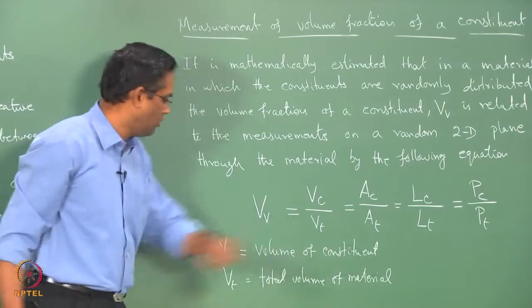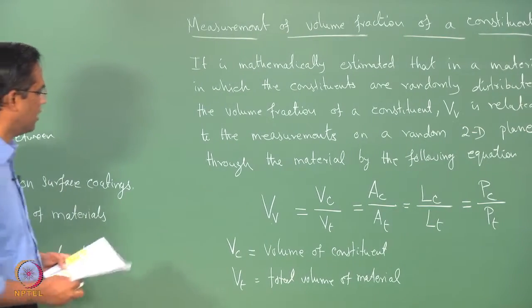So, you have the volume of the constituent divided by the total volume of the material.